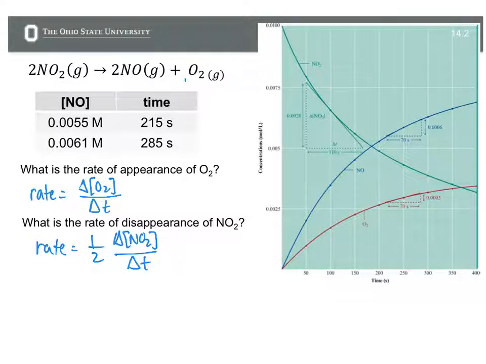Another way of looking at this is to actually write this out.